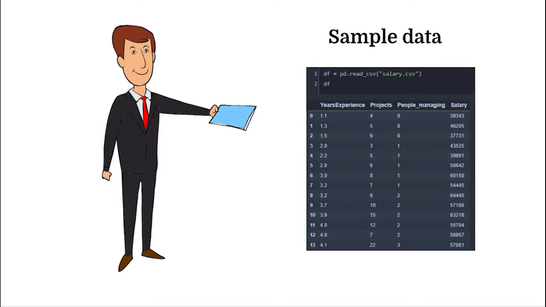I have added two more columns, which are projects and people managing. The projects column represents how many projects the employee is involved in, and the people managing column represents how many people that employee is managing.